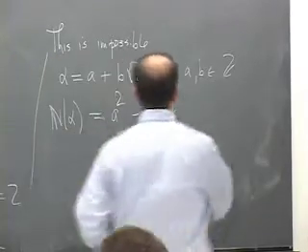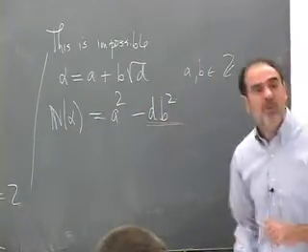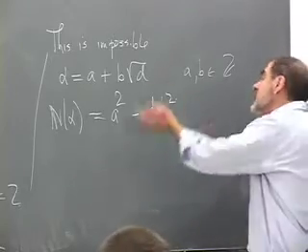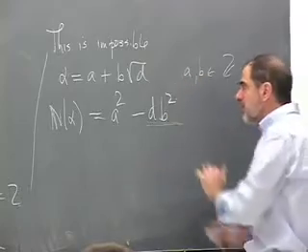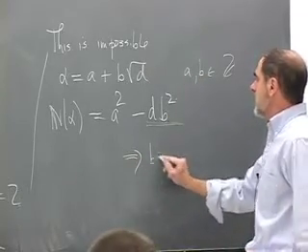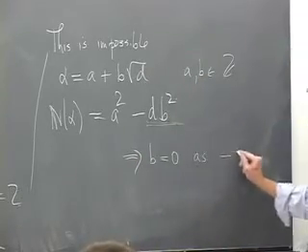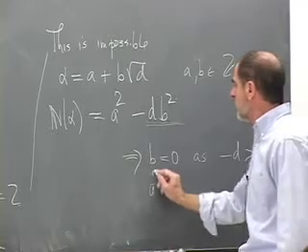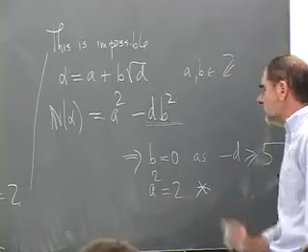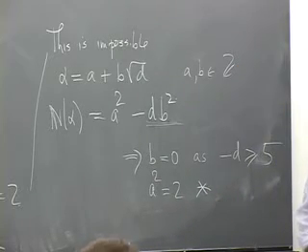So this number would be at least 5 times b squared, or 13 times b squared. So there's no way that could be equal to 2. So this would imply b is equal to 0, as minus d is greater than or equal to 5 on our list. And since b is 0, that would imply a squared is equal to 2, which is a contradiction because 2 isn't a square.